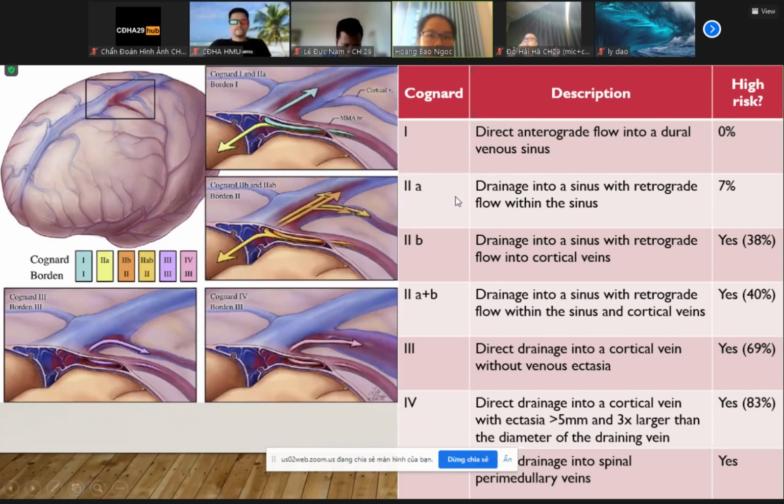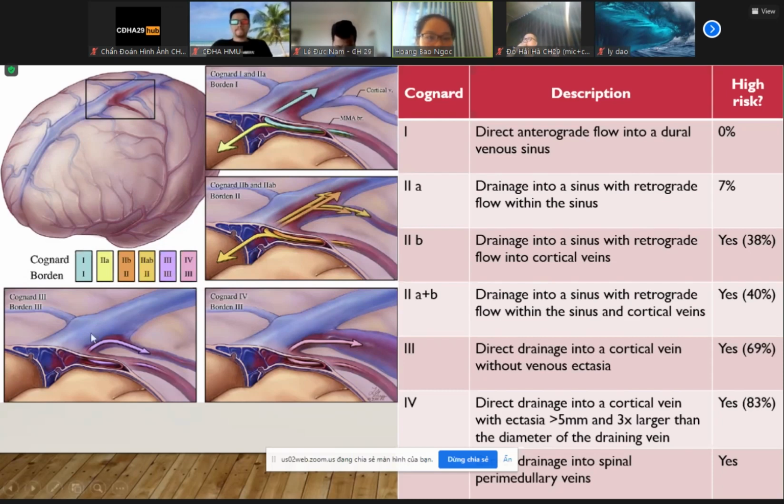For type 2A, there is drainage into the sinus with retrograde flow within the sinus. For Cognard 2B, with the orange arrow, there is drainage into the sinus with retrograde flow into the cortical veins. Type 2A+B is a combination of 2A and 2B, so there is drainage into the sinus with retrograde flow within the sinus and into cortical veins.